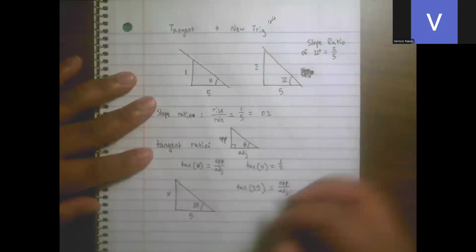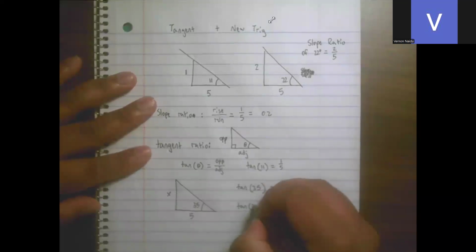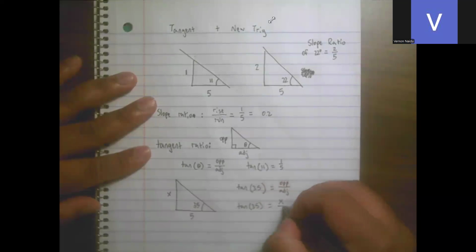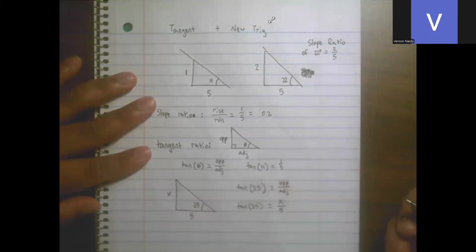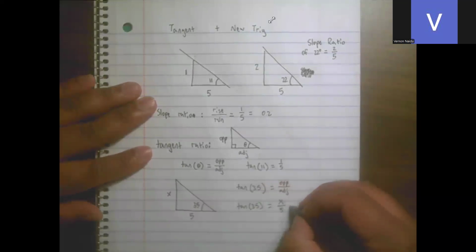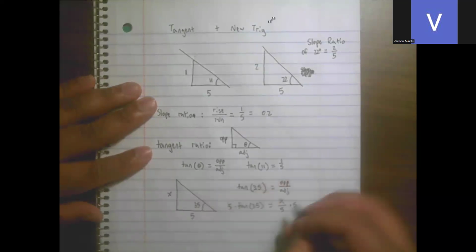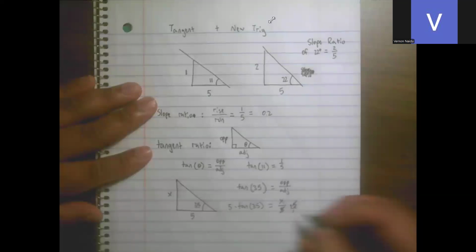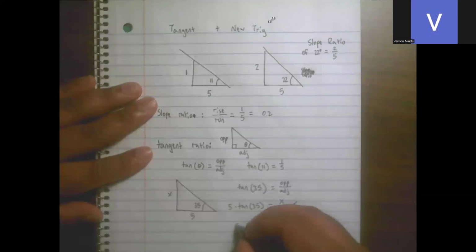In this case, tangent of 35 is equal to x over 5. And then to solve for x, we're just going to multiply both sides by 5. The 5 at the bottom cancels out the 5 at the top. And then we have a new equation where 5 times tangent of 35 is equal to x.